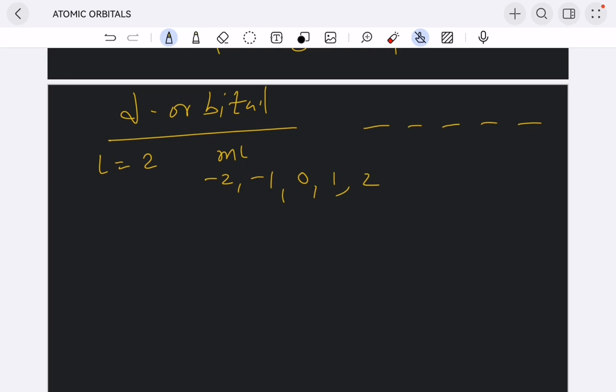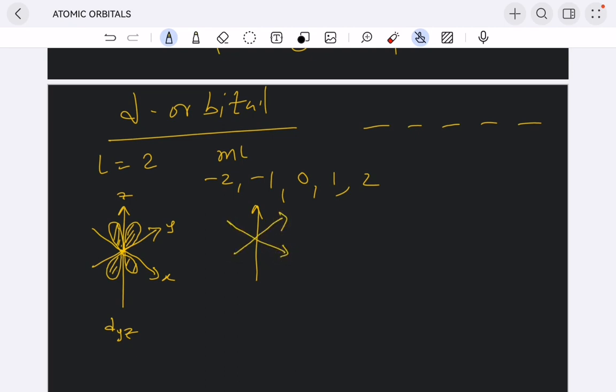So in terms of shape, they are a bit complex. So let me start with the first one. If we have y, x, z, we'll start with what we call the dyz. So for the dyz, they're going to be like this and this. So that's a dyz.